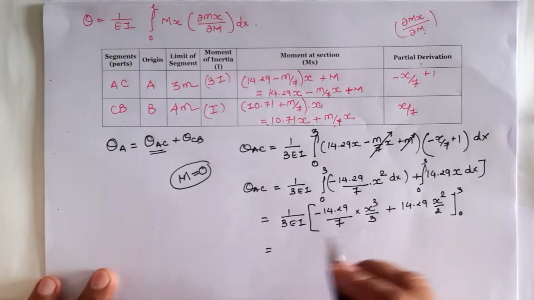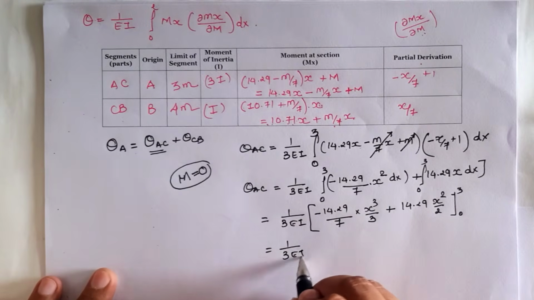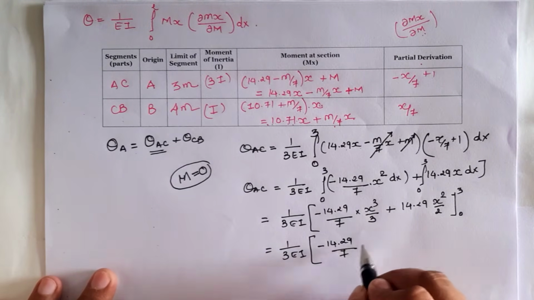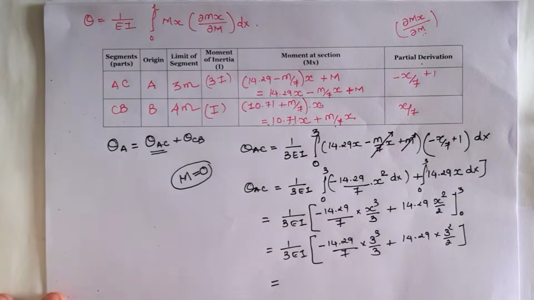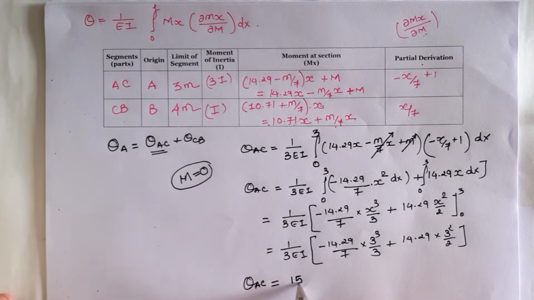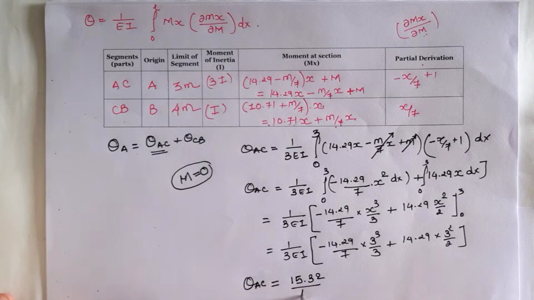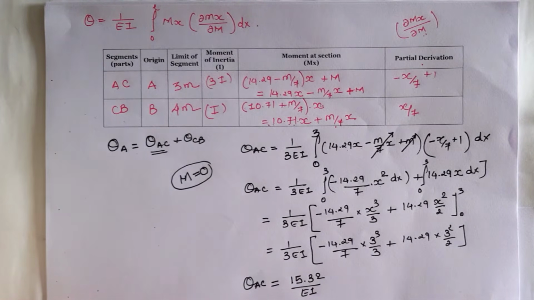Closing the limit, the rotation of AC is 15.32 by EI.